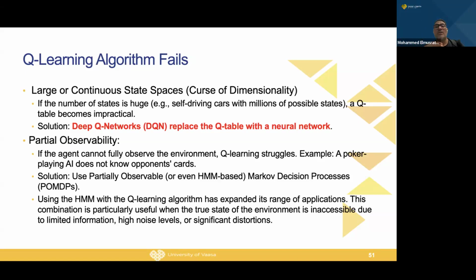This can be a huge number, and this Q matrix can be almost infinite. It can be hundreds of millions in dimension, which makes learning not possible actually.